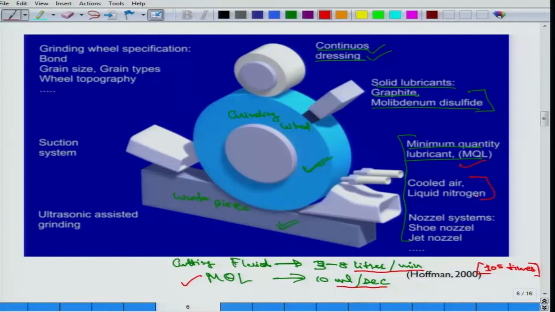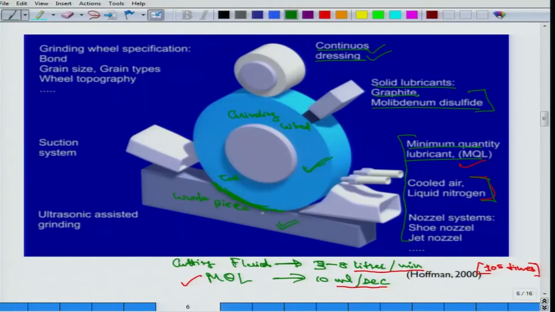Then we have cooled air or liquid nitrogen. Heat is produced at this tool and work interface, very high heat. So liquid nitrogen and cooled air can help us control the deterioration of my workpiece surface.